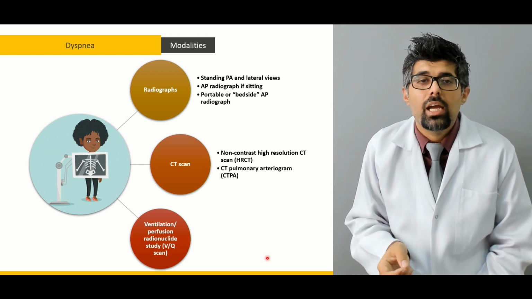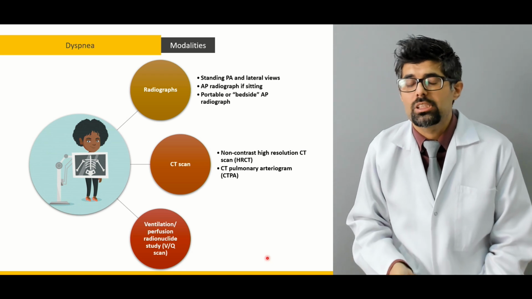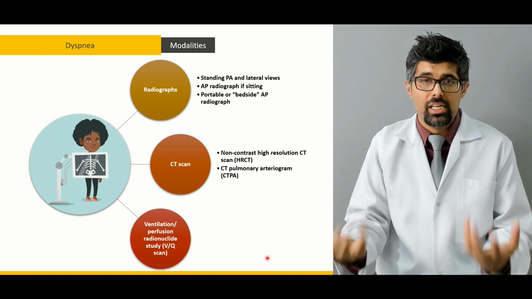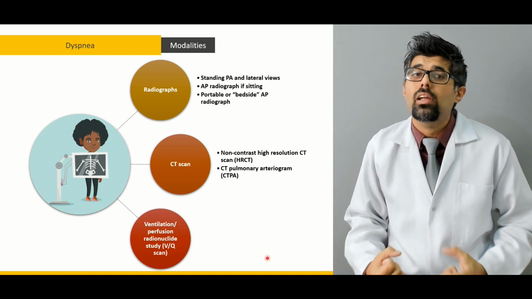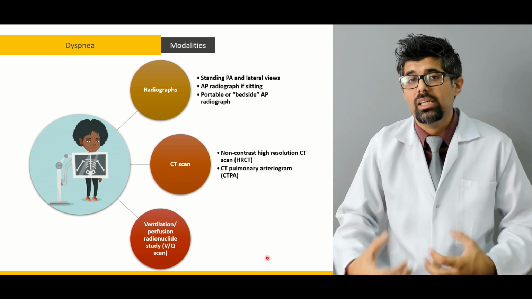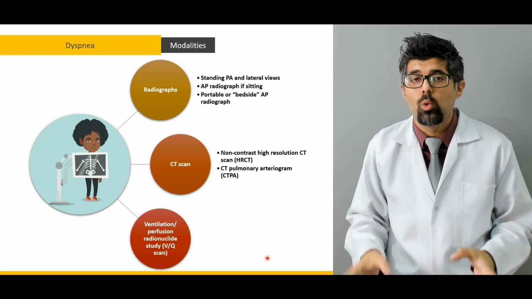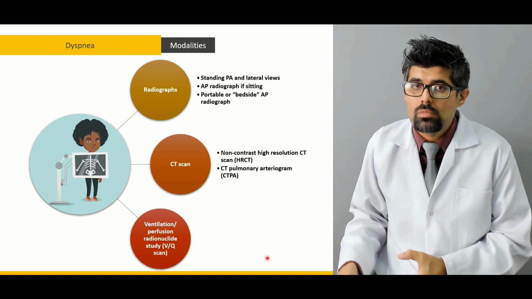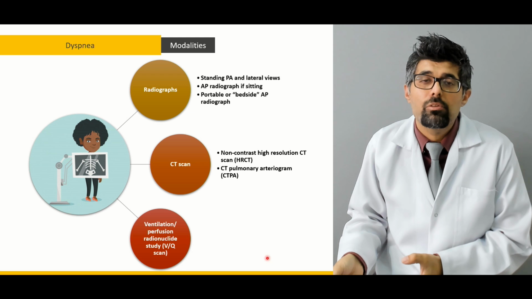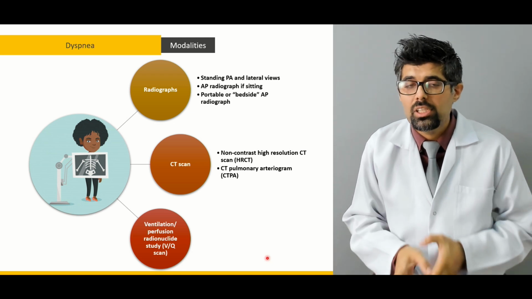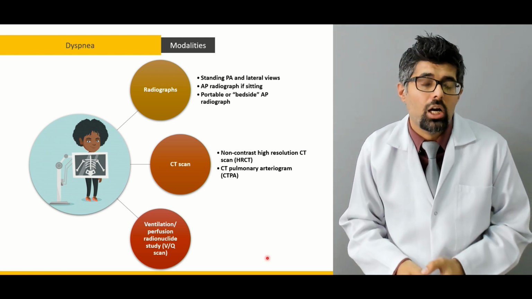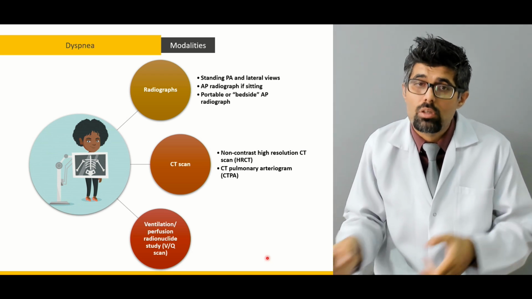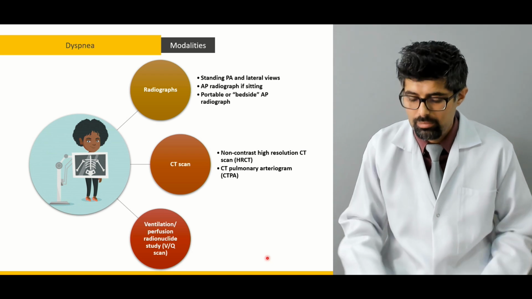A VQ scan is a ventilation perfusion scan where we examine how much air and oxygen the lungs are taking in, and how much of it is traveling towards the whole body, how much perfusion of the distal or peripheral tissue is taking place. This scan gives us a very good idea if the dyspnea is of pulmonary origin or of cardiac origin.